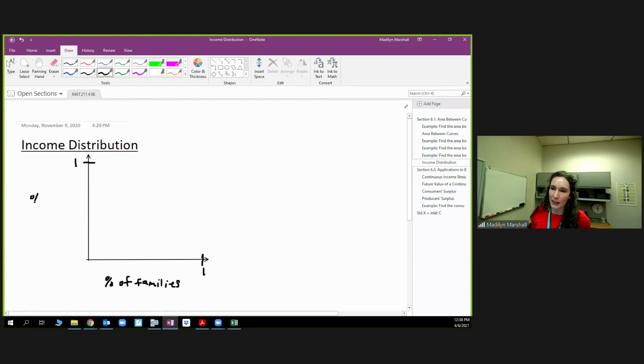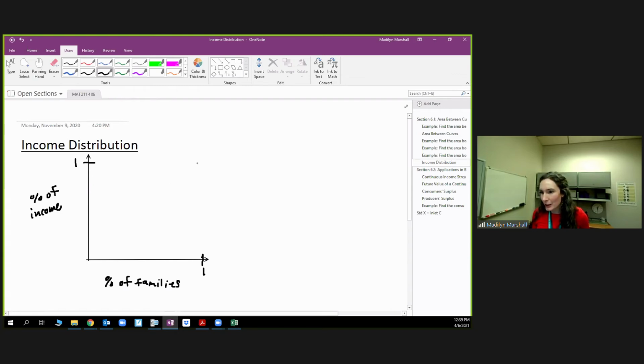And the y-axis is the percent of wealth. Let's say percent of income. So each of these is in a specific country. Doesn't matter what country. So what we're going to be looking at on this graph that's coming up is how much of the income families have.